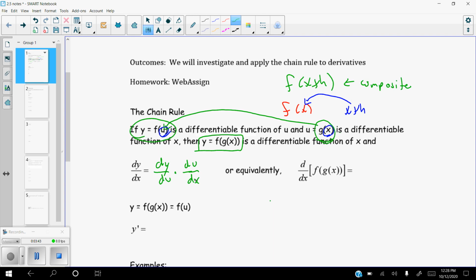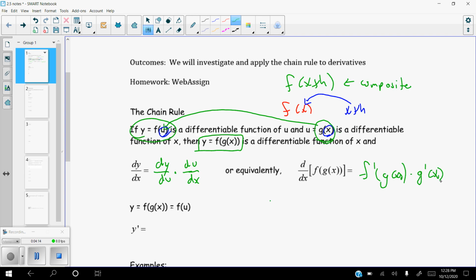Or equivalently, because this is a way that you could see this, but you're probably going to see it written out in the way that I'm getting ready to show you here in the second part. If I want to take the derivative with respect to x of the composite function f of g of x, it is written f prime of g of x. So I'm literally taking the derivative of f, the composite piece stays on the inside, it stays the composite, times the derivative of the composite piece.